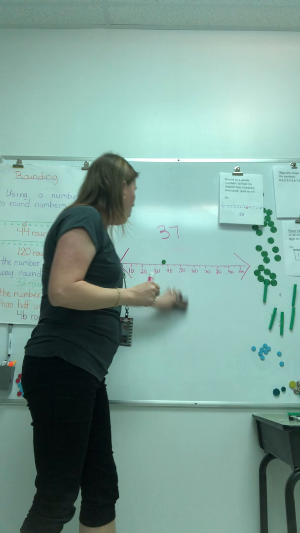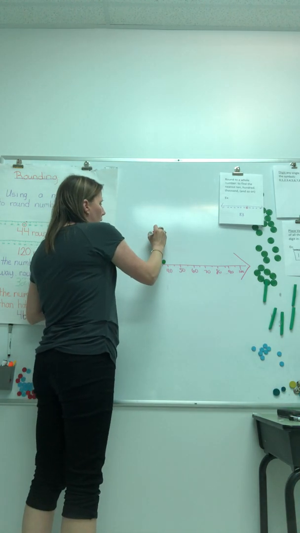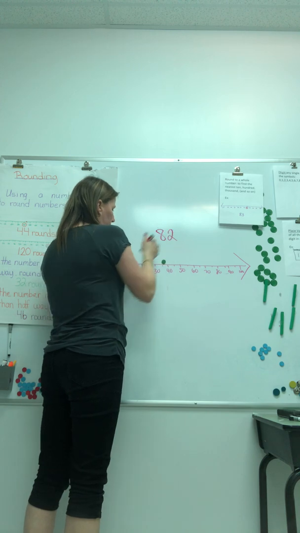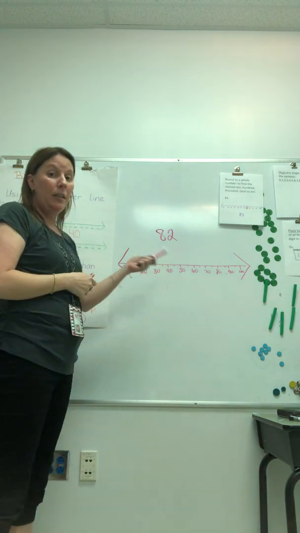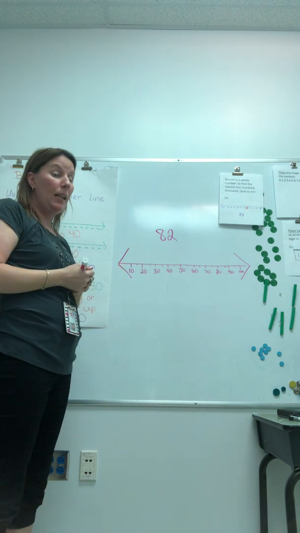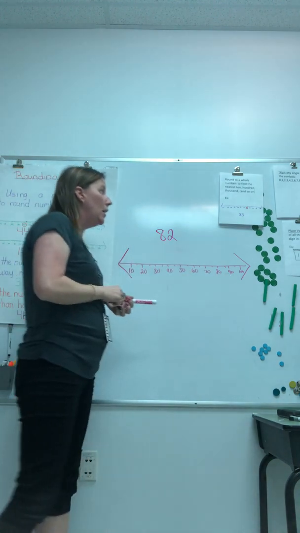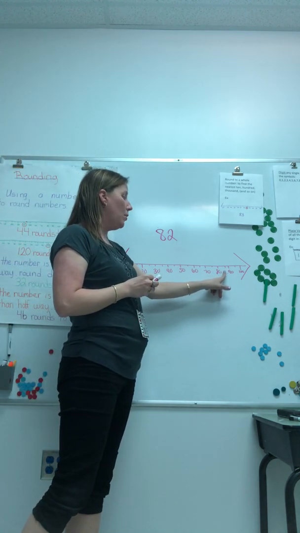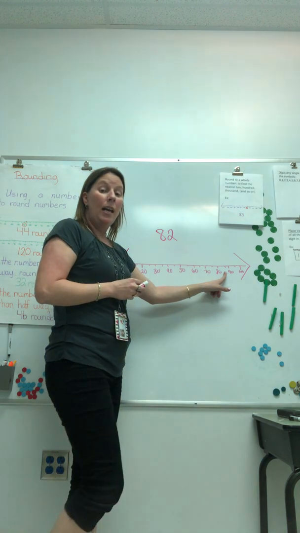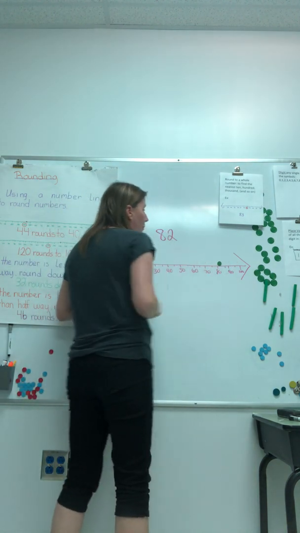All right, let's look at one more number. Let's look at the number 82. Thinking about the number 82, the first thing we need to decide is what two tens it is in between. The number 82 is between 80 and 90. I know that the halfway mark is going to be 85, and 82 is less than 85, so I'm going to put it to the left of the halfway mark.